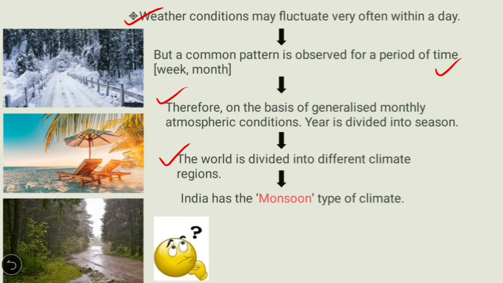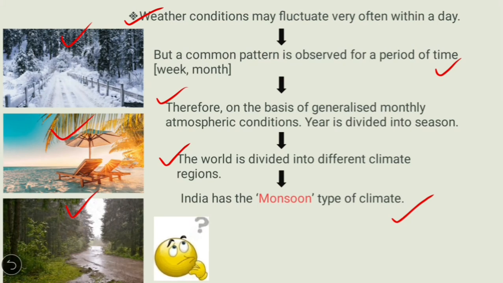So like this, the world is divided into different climatic regions, and with that we can say that India has a monsoon type of climate, like winter, summer and monsoon. So India comes under the monsoon type of climate.